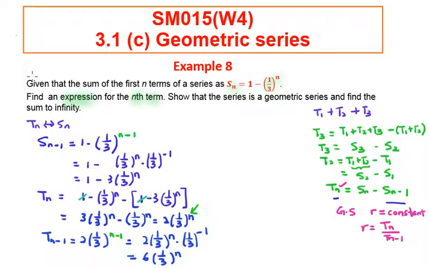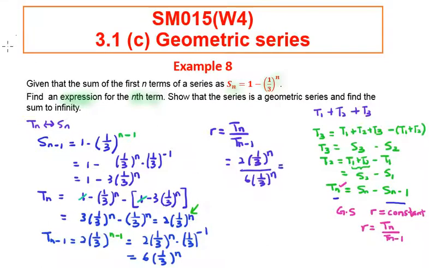Now, we can find the common ratio as Tn over Tn minus 1, which is equal to 2 times 1/3 raised to power n over 6 times 1/3 raised to power n.